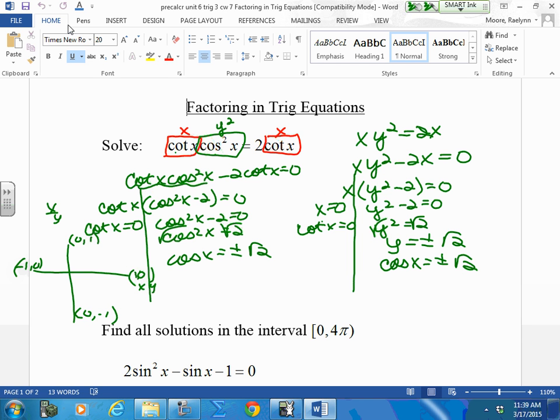The 90, because isn't it undefined at the tangent? So shouldn't it be defined at the cotangent? If I take 0 divided by 1, isn't that 0? 0 divided by negative 1, isn't that 0? So I have two answers right here. Pi over 2 and 3 pi over 2. That gives me an answer to that one.